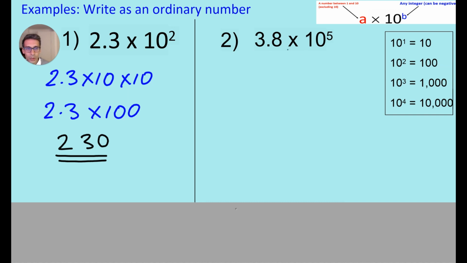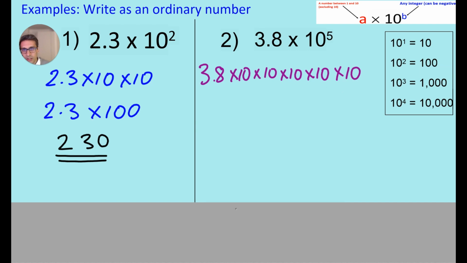Okay, the next one, 3.8 times 10 to the power 5. Let me do this example for you. So 3.8 times 10, so that's 1 10, got another 10, a third 10, fourth and fifth.